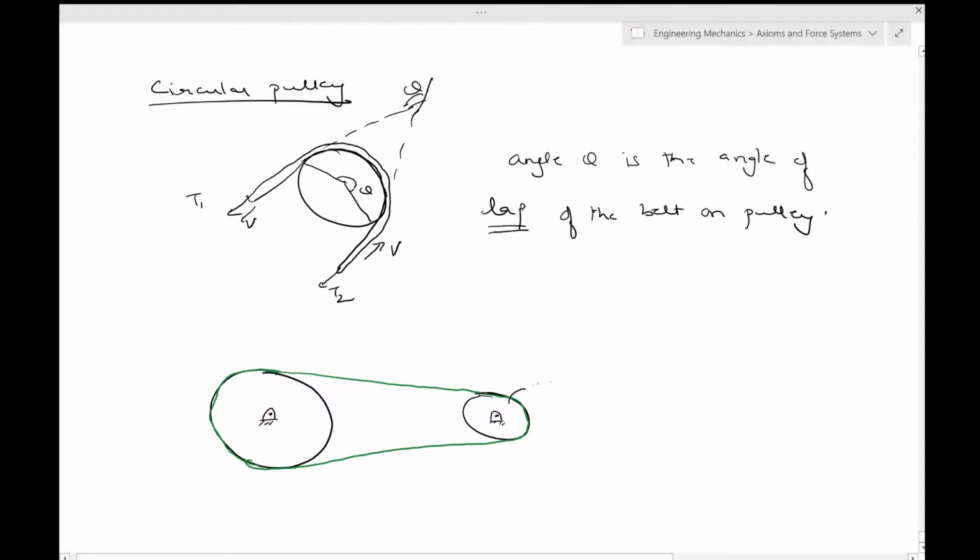This is the driver, and this is the driven. This has, say, the lap angle of theta 1. This has the lap angle of theta 2. In this particular example, theta 2 is greater than pi and theta 1 is smaller than pi.